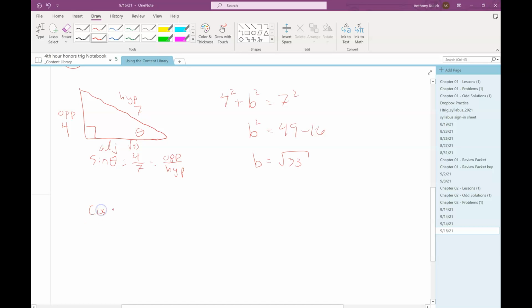So cosine is adjacent over hypotenuse, the square root of 33 over 7. Tangent is opposite over adjacent. But we don't want to leave the radical in the denominator. Remember, if the square root was just a number, we were going to rationalize the denominators.